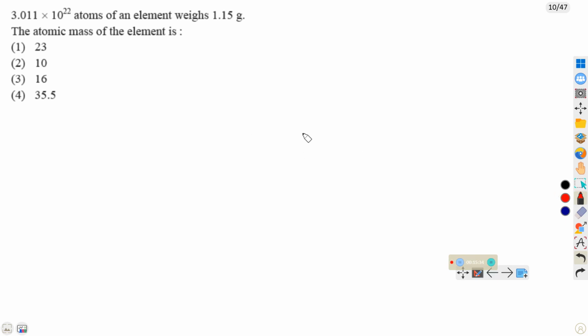3.011 into 10 power 22 atoms of an element weighs 1.15 grams. The atomic mass of the element is? 3.011 into 10 power 22 atoms, weight is 1.15 grams. Then atomic mass: 1 mole of the substance contains 6.023 into 10 power 23 atoms.